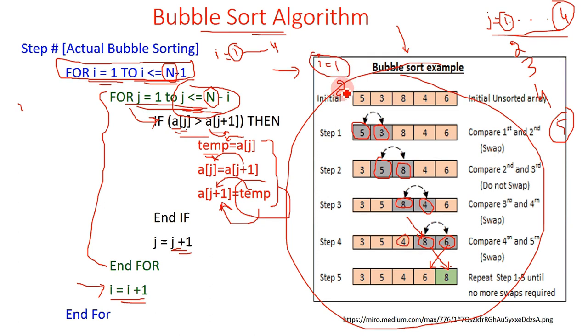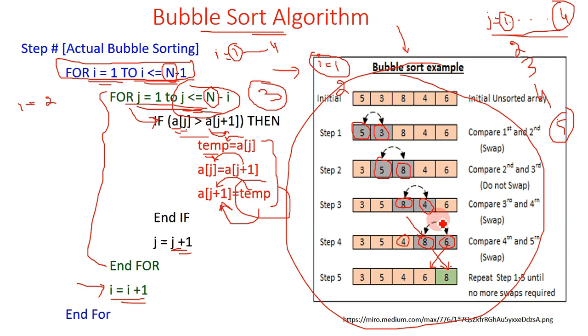Again, the control will go to the i value, which will become 2, and now for the i value of 2, the inner loop will be executed. How many times? j will start from 1, and j is less than or equal to n minus i. n is 5 and i is 2, so at this time the inner loop will be executed 3 times.